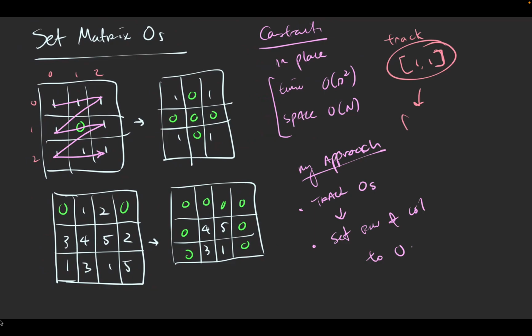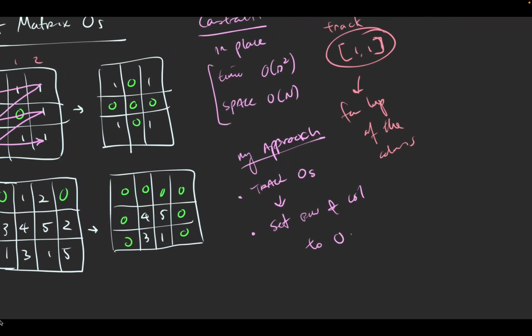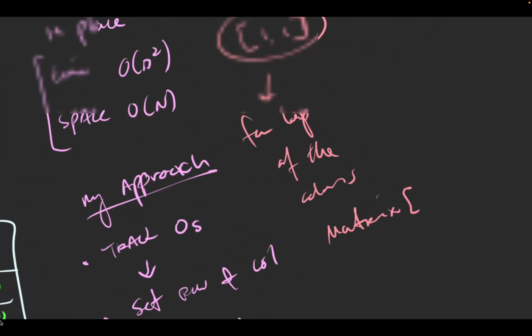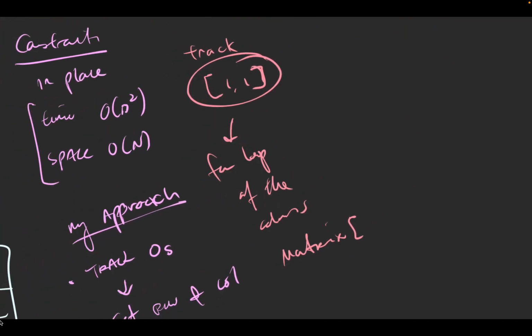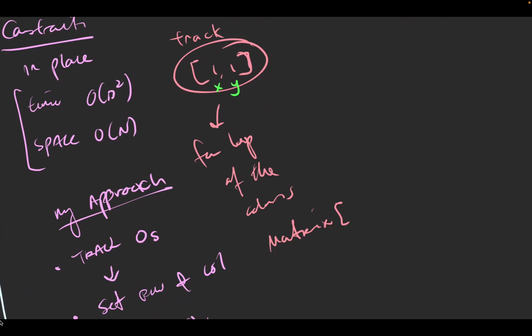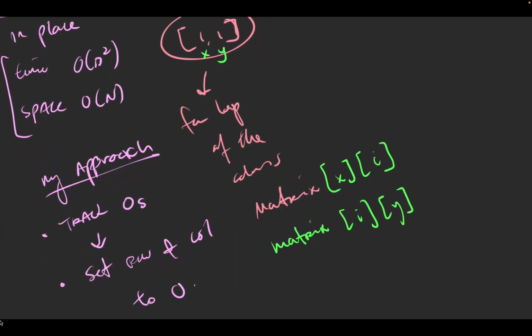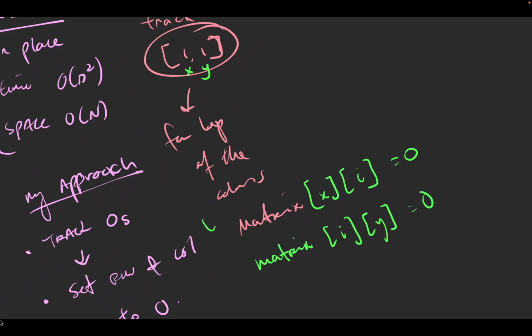Through this 1, 1, I just want to do a for loop of the columns and then set matrix, let's say this is going to be x and y. Matrix x to, let's say, I. Matrix I and y to 0. And we're going to do this in the loop.